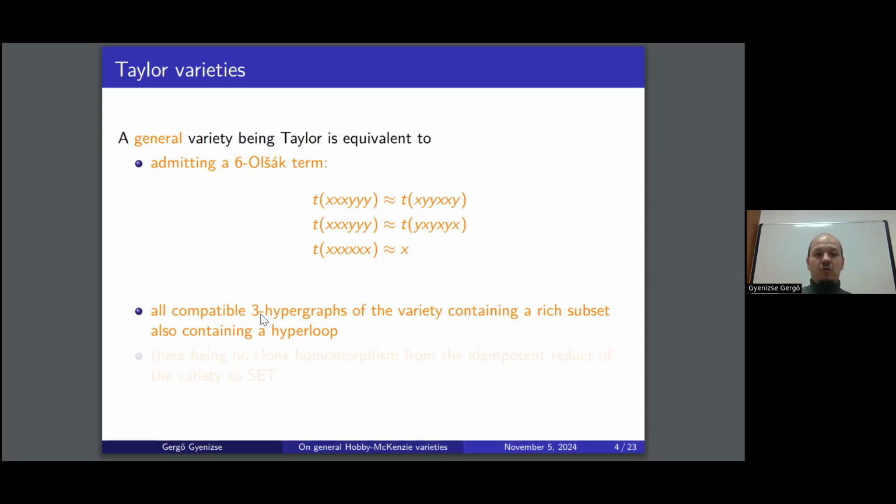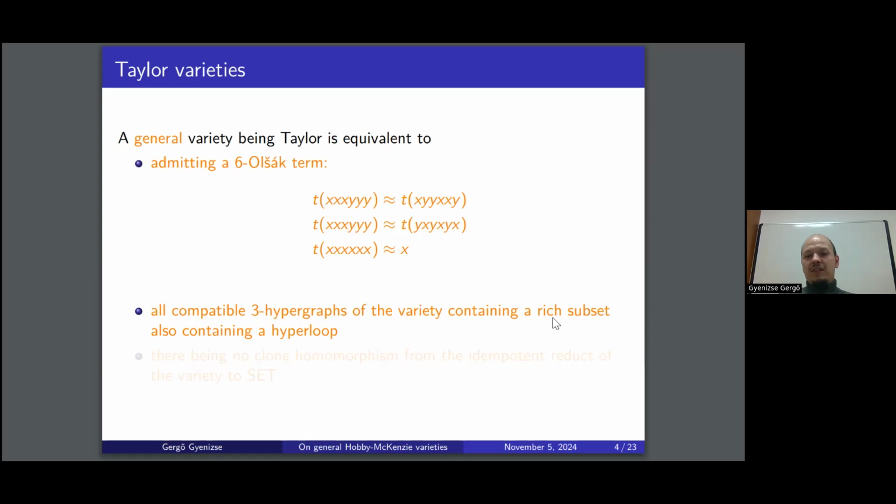So if we take a compatible 3-hypergraph and this contains a rich subset, and by rich subset I only mean a two-element subset on which, of the 8 possible triples, 6 are in the relation. If this is the case, then it also contains a hyperloop, so an element of the form aaa.